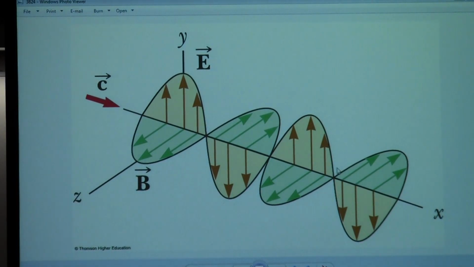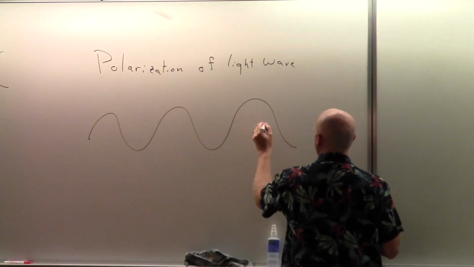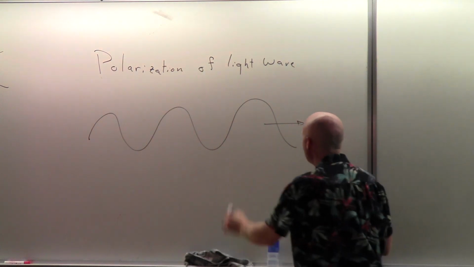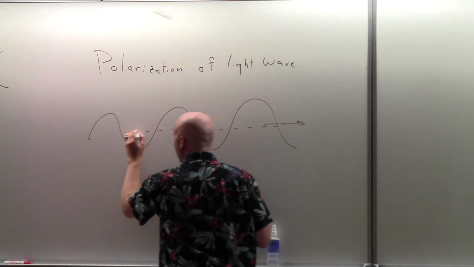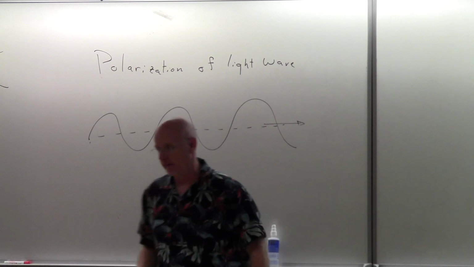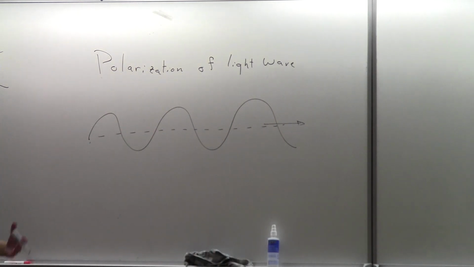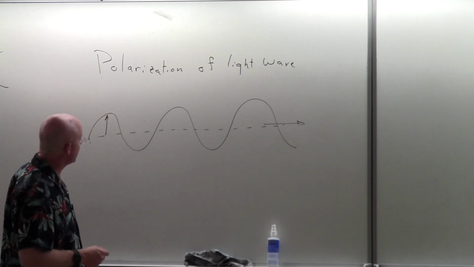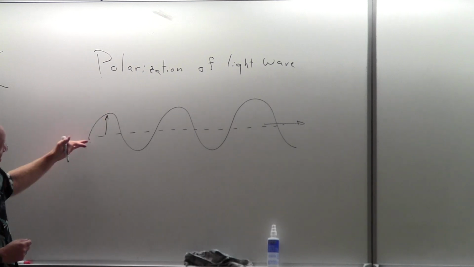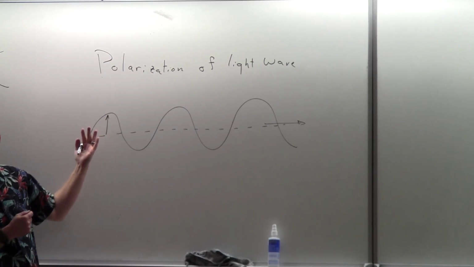It's an electromagnetic wave. And so when we draw a wave and we say this is a light wave, what are we drawing here? Yeah, we're drawing the electric field. In this case, I would say the electric field at this position is pointing up.